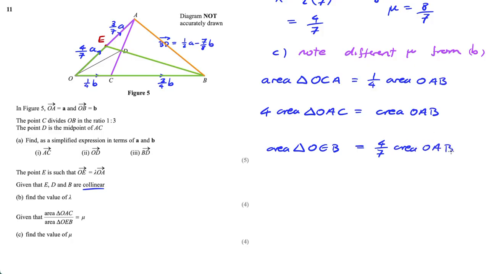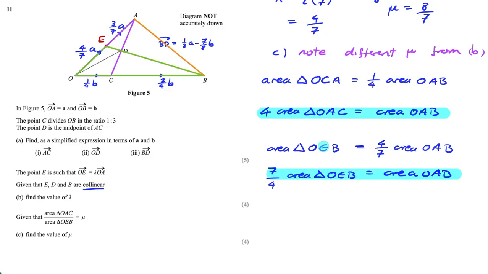Now I'll cross multiply and I will get 7/4 of the area of triangle OEB is equal to the area of OAB. So now I have my two OABs, this and this. I can just equate them. So 4 times the area of triangle OAC must equal 7/4 of the area of OEB.